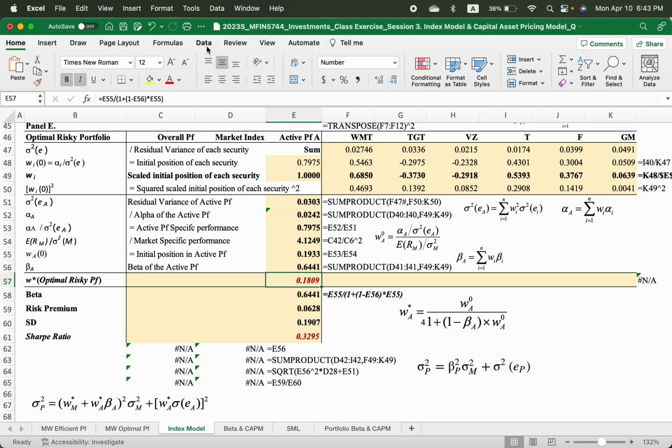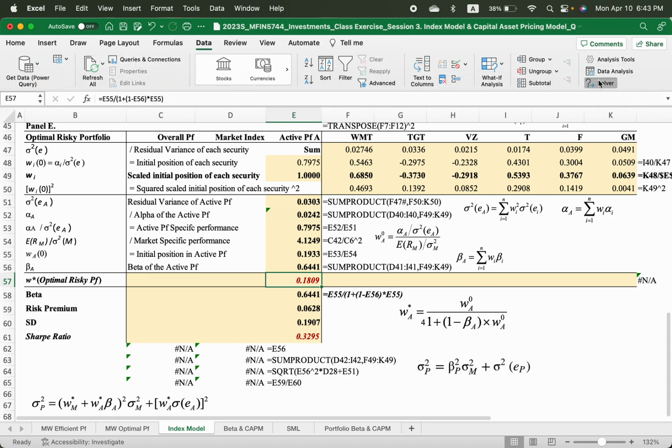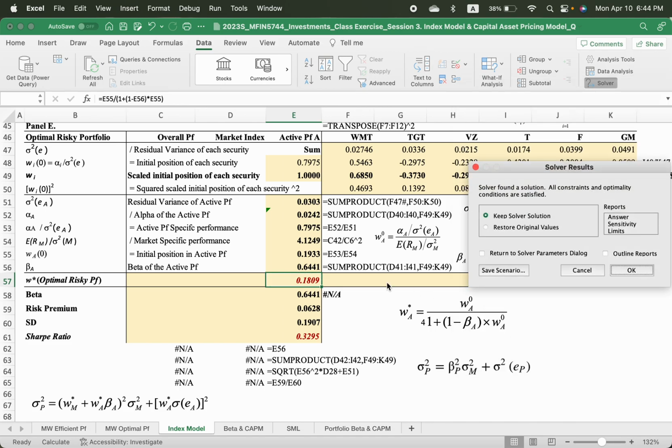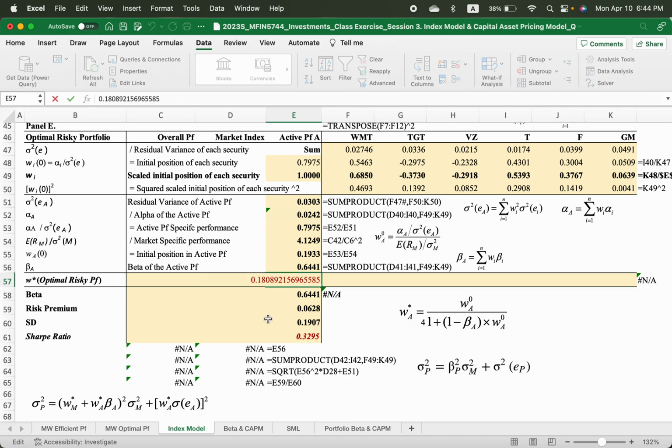You can use Data and the Solver. The max of this Sharpe ratio, highest performance, by changing the cell of this weight of the optimal risk portfolio, and then solve. So, okay, it shows the optimal weight of the risky portfolio.